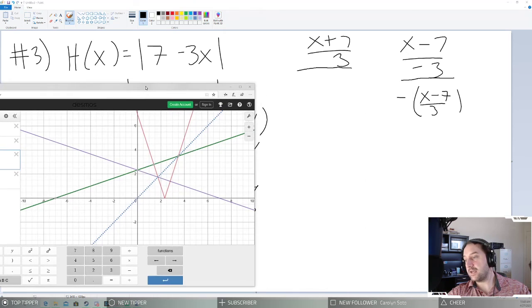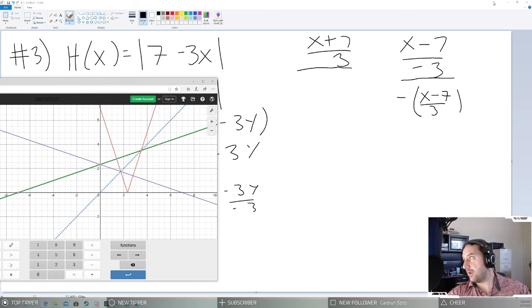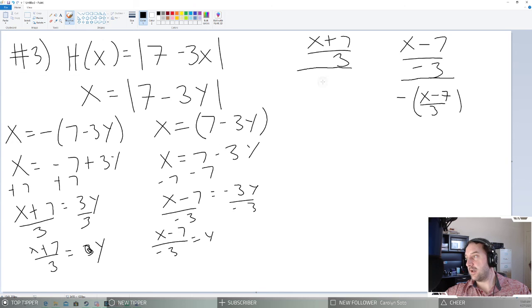So I'm going to have to say for my restrictions, x is greater than or equal to 0 for this one. So y equals and y equals. And then for this one, x is greater than or equal to 0.